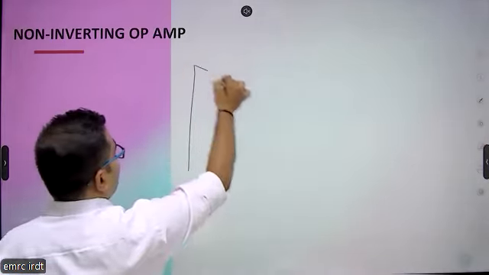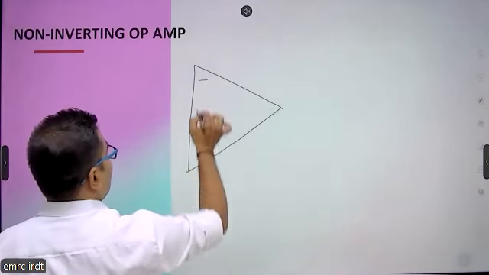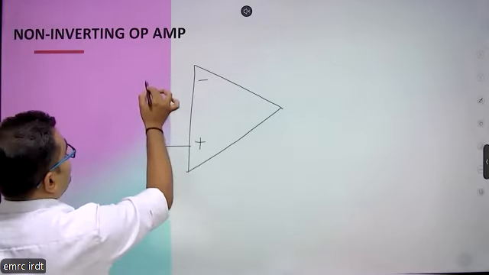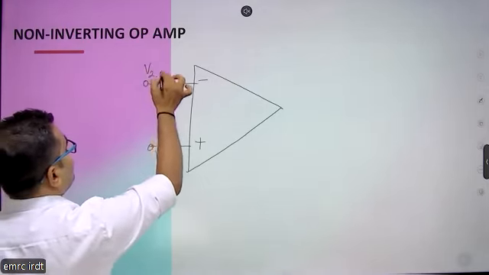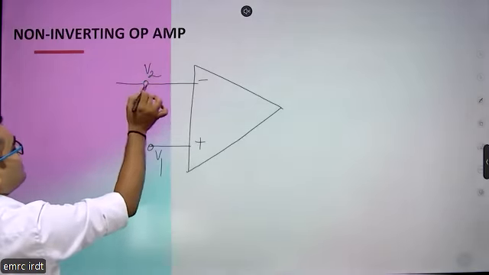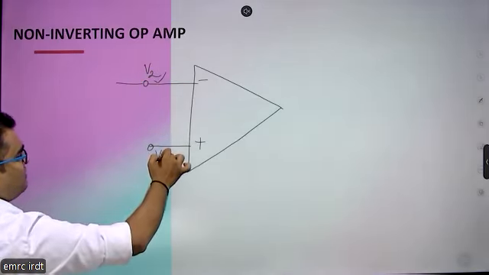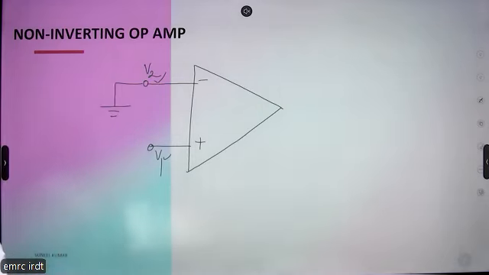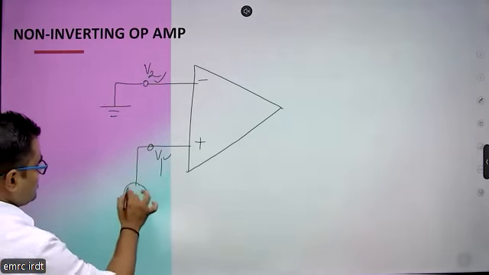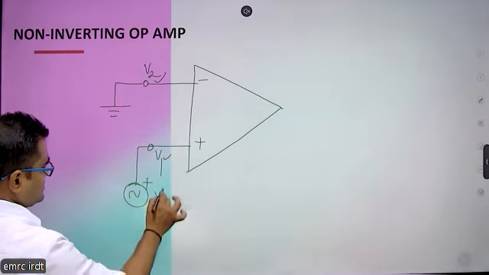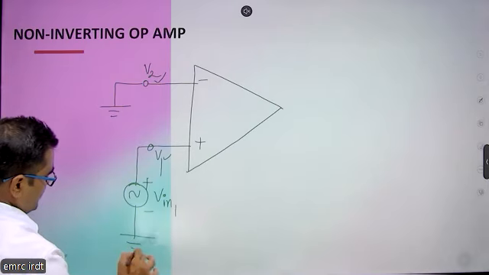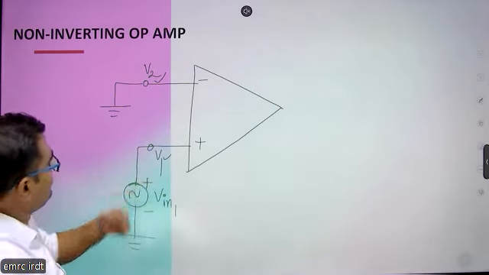So this is the op amp, with minus and plus terminals. Now this is the inverting terminal, V2, and this is the non-inverting terminal, V1. Now we are grounding the inverting terminal, and we have connected a voltage source at the non-inverting terminal. Let's say this is V in 1.